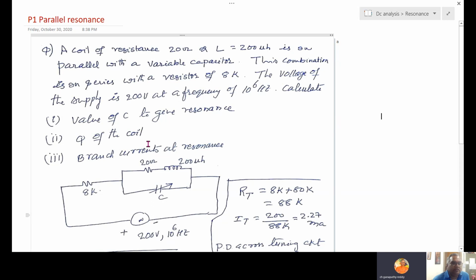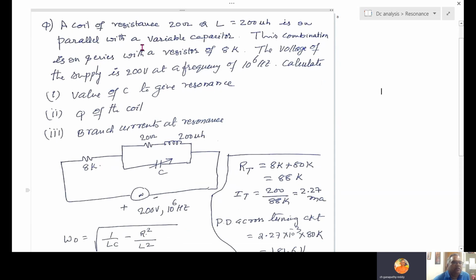The voltage of supply is 200 volts at a frequency of 10 power 6 Hz. Calculate value of capacitor to give resonance, quality factor of the coil, then branch currents at resonance. So these are the questions we have to answer.